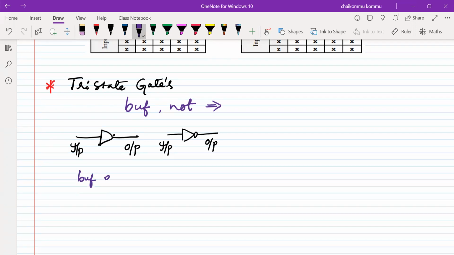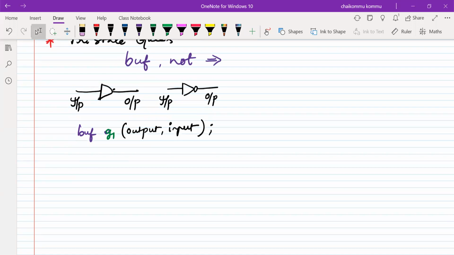I can write the name of the gate as G1, and first I need to write the output. N number of outputs are possible, but only one input. Usually for a single notation, I'm considering only a single output.